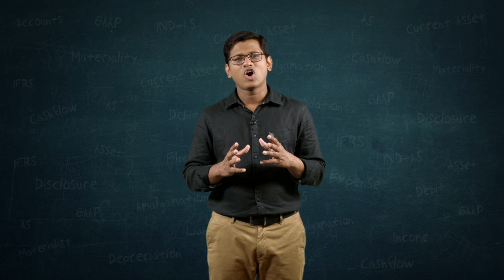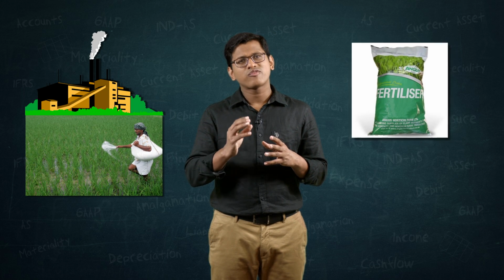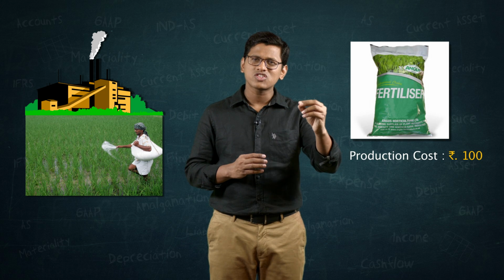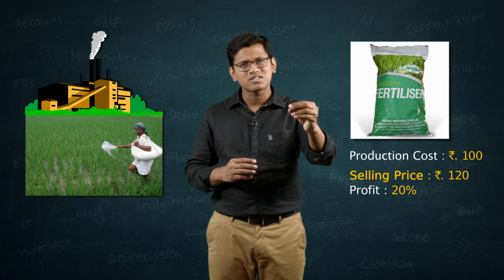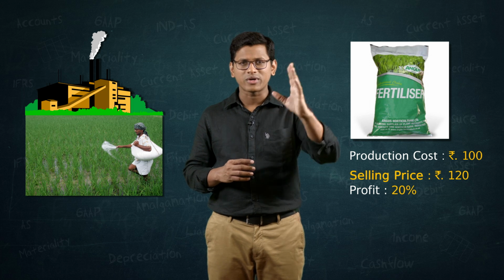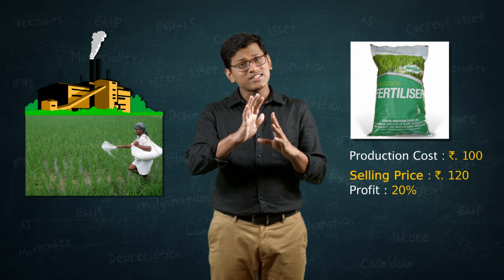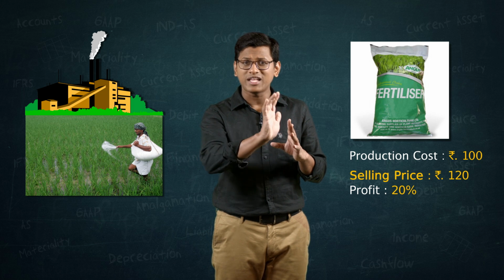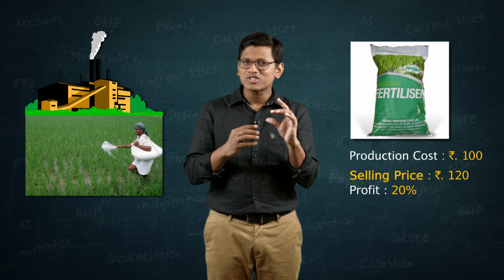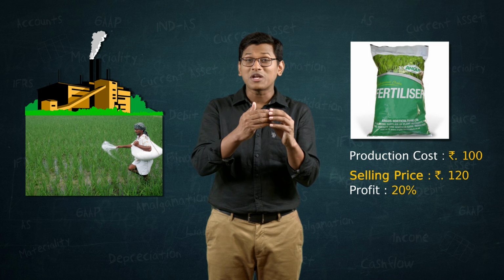Take the example of a fertilizer company. Say the production cost for a fertilizer is 100 rupees and the selling price of that company to the farmers is 120 rupees, a 20% margin. Government can come in and say, we will ask you to continue your margin of 20% on cost, but what we will do is, on that original cost of 100 what you have, we will give you some money which will reduce that cost.